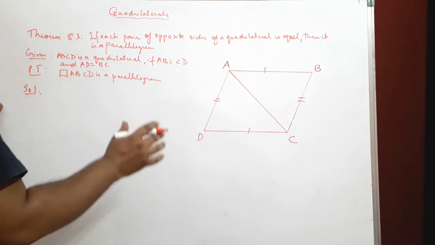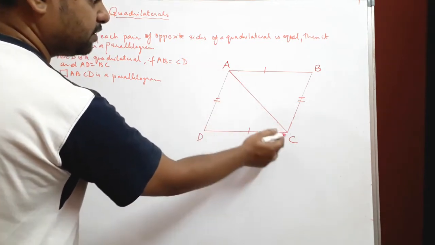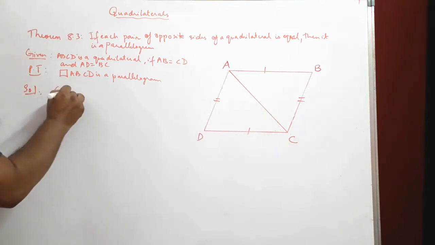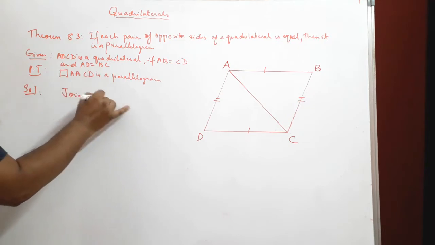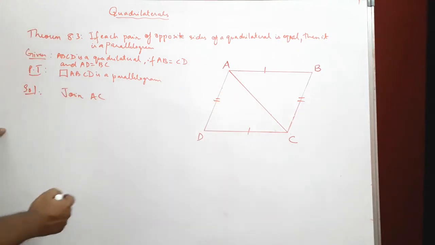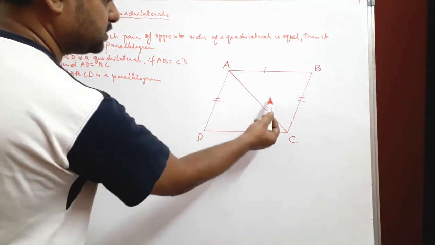First thing is, we have not been given this AC. We have not been asked to join AC, so we need to say construct, or rather say join AC. I've joined it already. Now what we need to do is show these two triangles are congruent once again.